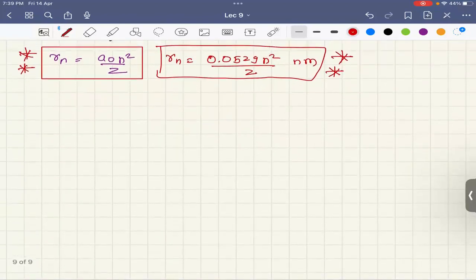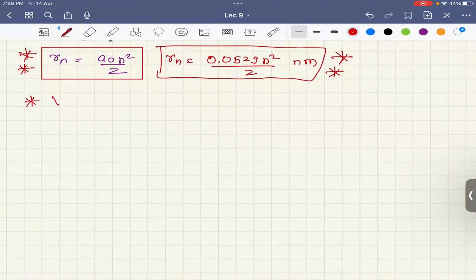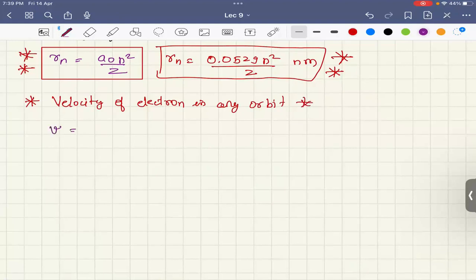The next would be velocity. Velocity of electron in any orbit. The velocity expression comes out to be v is equal to nh by 2 pi m r, where r is nothing but Rn. So Rn is nothing but A0 n square by z.